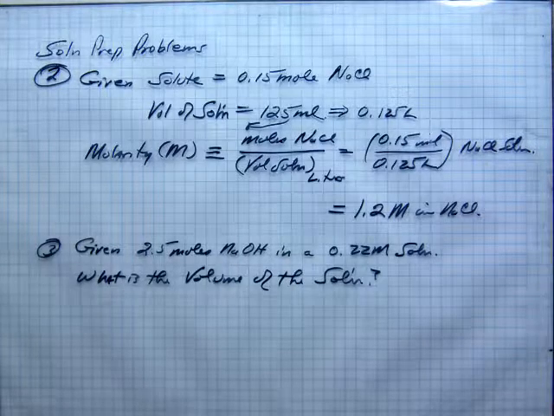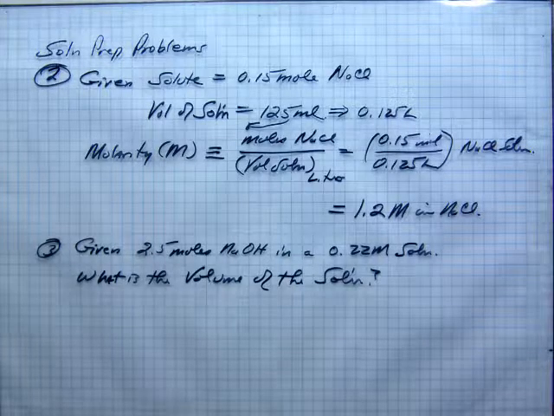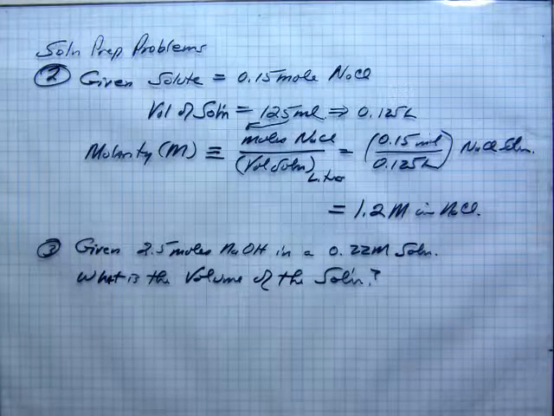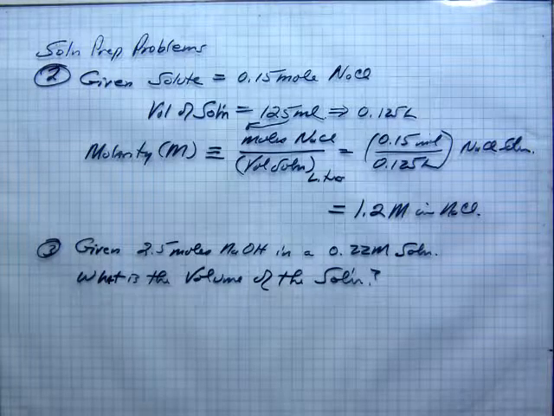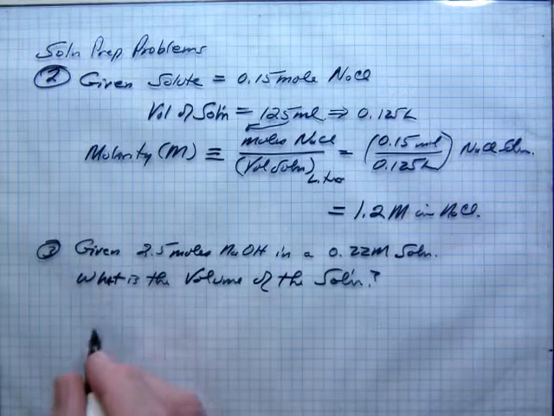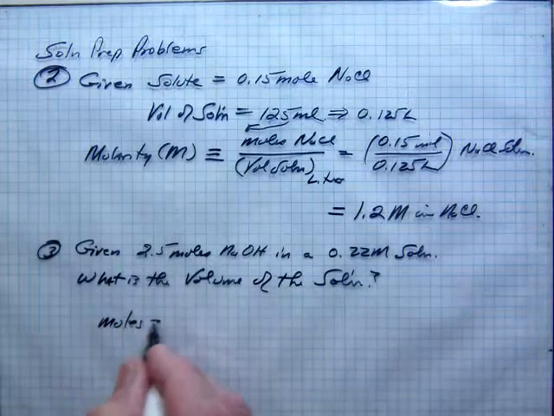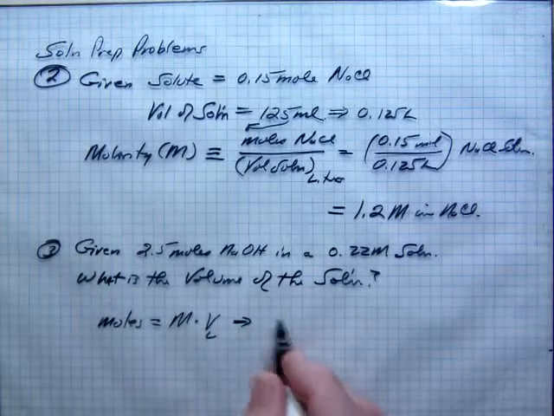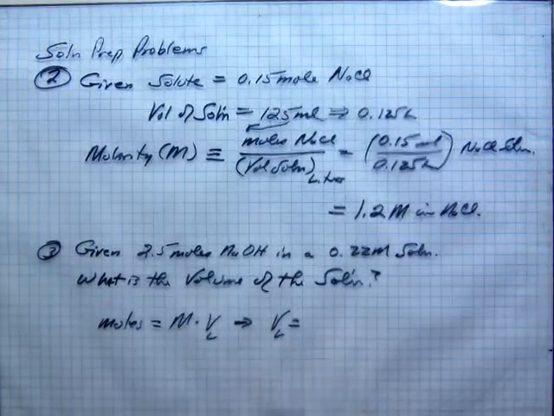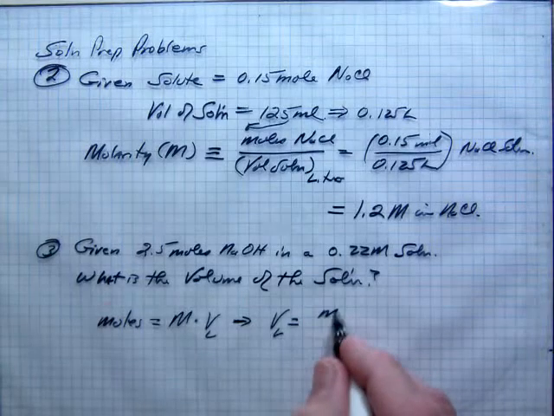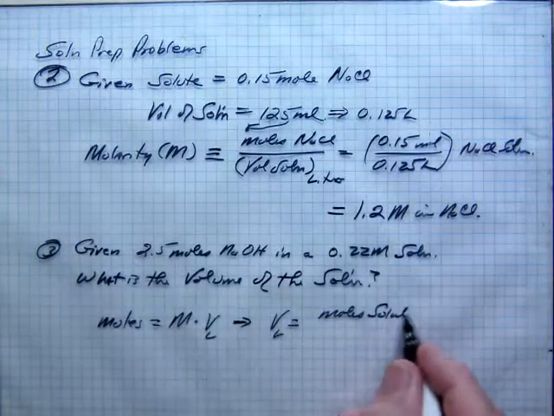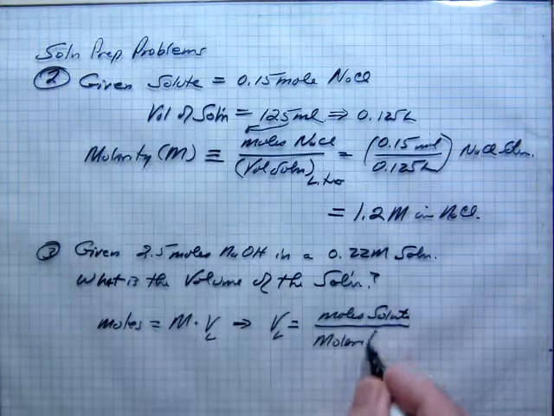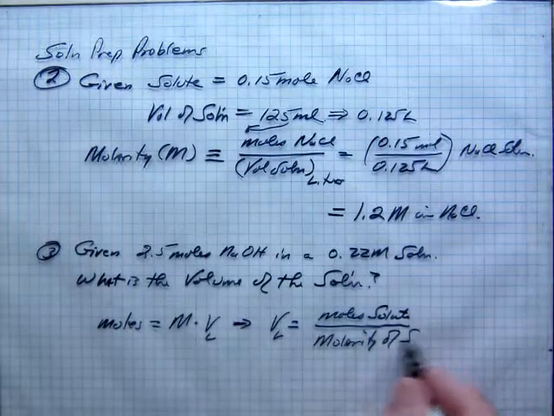So from the same definitions, moles equal molarity times volume, or from the definition of molarity as moles over liters, we can solve for volume in either one of the cases. So moles equals molarity times volume in liters, and so we want the volume in liters, and that's moles solute divided by molarity of solution.